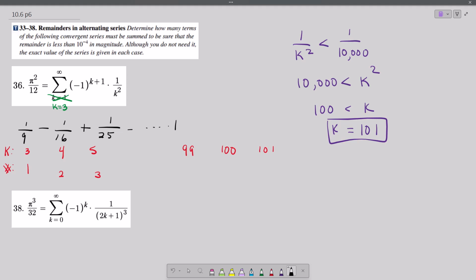So this one's going to be positive, this one negative, this one positive. This is 1 over 99 squared, whatever that is, we don't care. This is 1 over 100 squared. This is 1 over 101 squared. And then the series continues. That's what the expansion of the series looks like. Any questions up to that moment?